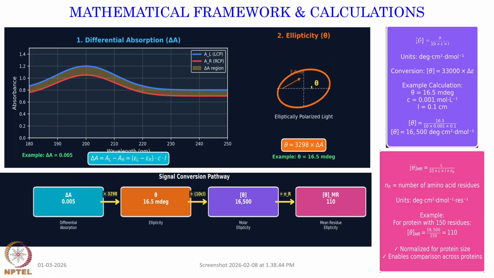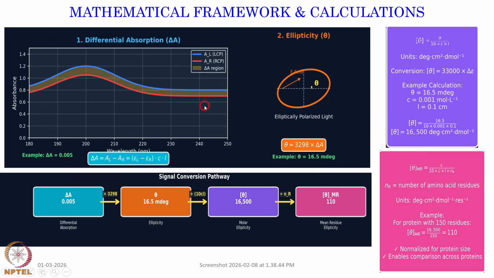So, that is what we are talking about, the differential absorption of left handed by right handed light. You measure the ellipticity, and that is a delta A. You can have the difference in the right handed and left handed absorption, and find out the secondary structure of any protein by measuring this differential absorption.